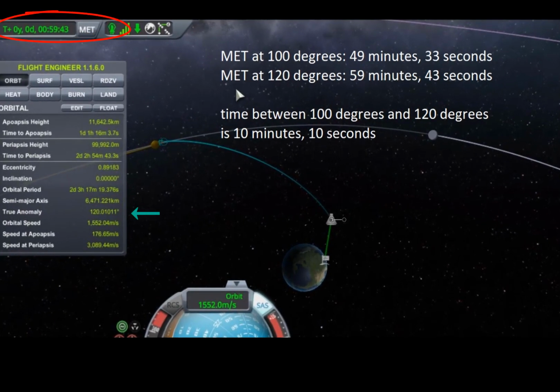So there it is, at 59 minutes 43 seconds, true anomaly 120 degrees. Thus we have an elapsed time between the 2 points of 10 minutes 10 seconds.